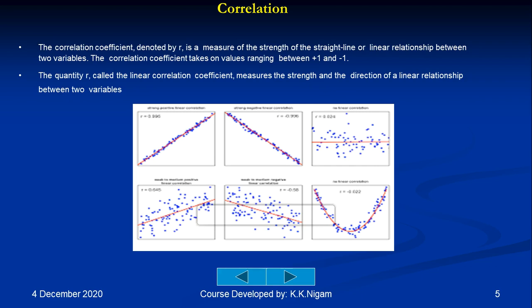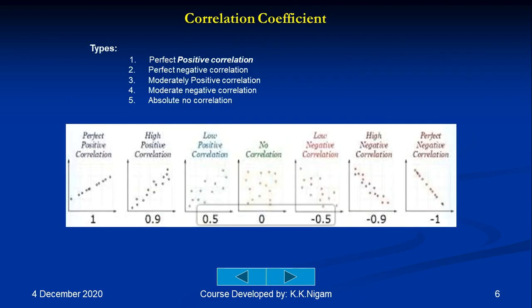The quantity r, called the linear correlation coefficient, measures the strength and the direction of the linear relationship between the two variables. Now types of correlation: it may be perfect positive correlation, perfect negative correlation, moderately positive correlation, moderately negative correlation, or absolutely no relation.